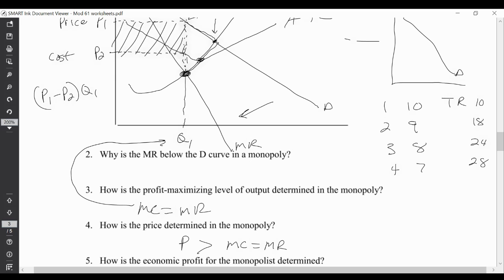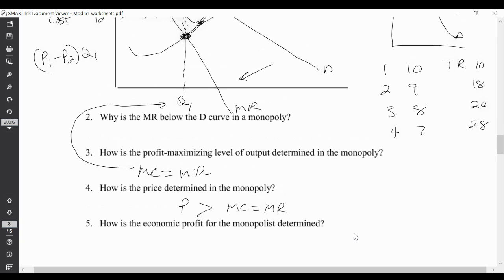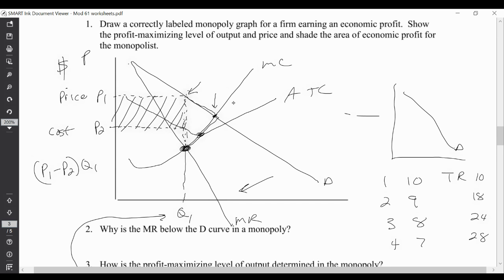And then number five says, how is the economic profit for the monopolist determined? Well, if the price is greater than the average total cost at the profit maximizing level, then they're making economic profit. So in this example, here's where MC equals MR. I dot up to the demand curve right here, and I set this price level at P1.